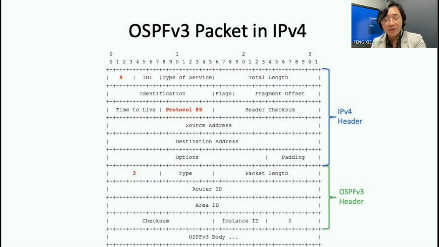But if you wanted to carry OSPF v3 packets, then you would specify version 3, and that's what's highlighted in the OSPF v3 header. So again, this is just to emphasize that we're not talking about tunneling. This is really IPv4 directly carrying OSPF PDUs. Next slide.